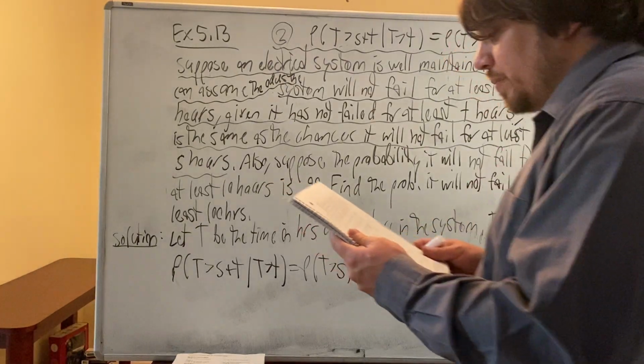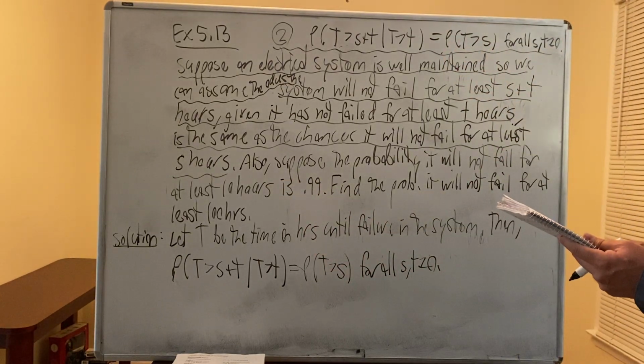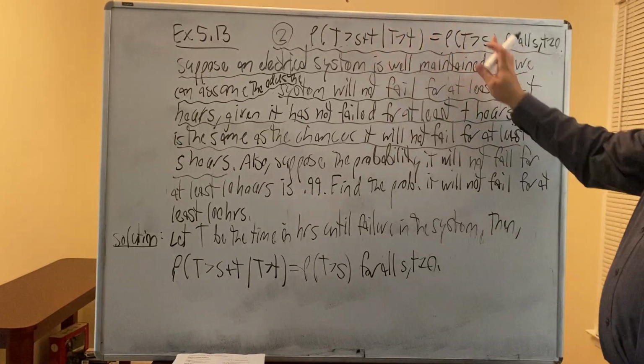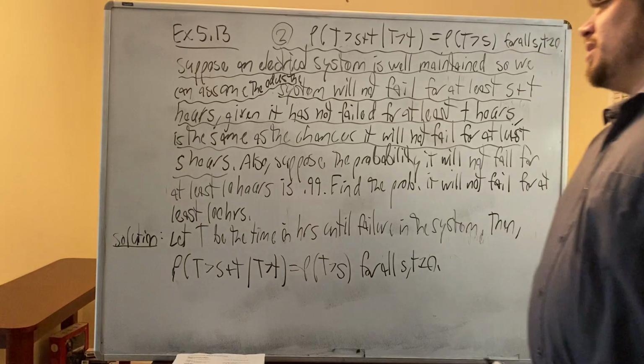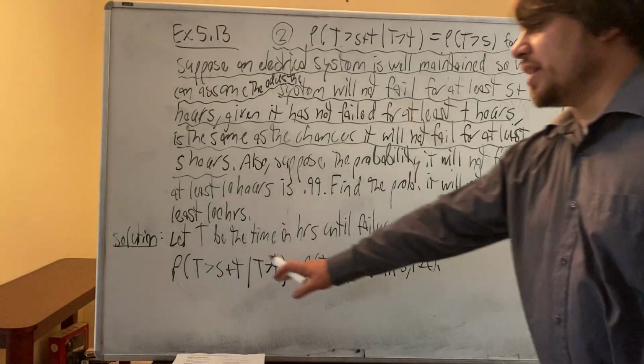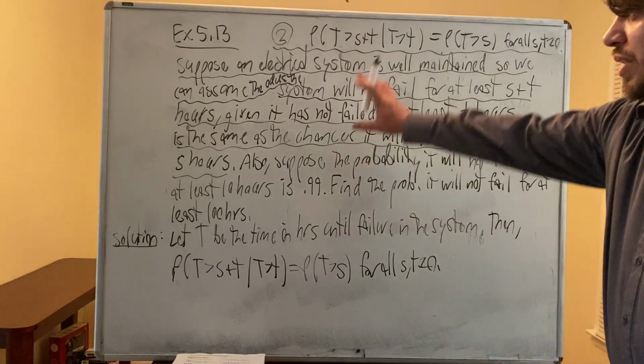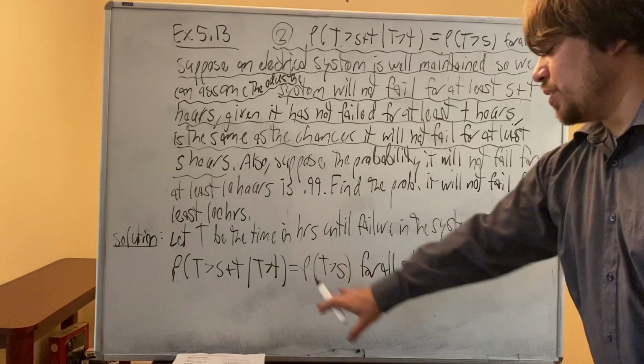Right, so that's what I just wrote here. Condition 2 is this. I'm just stating it. Let capital T be the time in hours until failure in the system. Then, that squiggly line thing is this. I just wrote that here again.